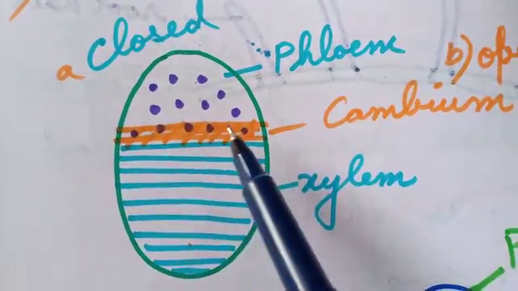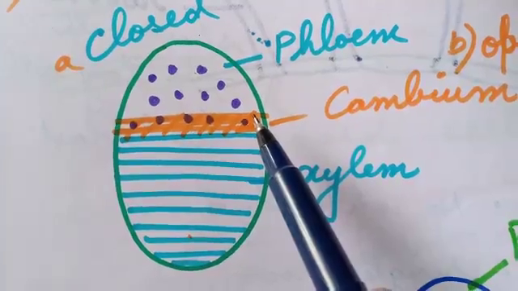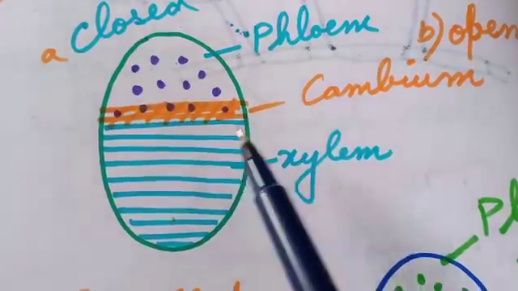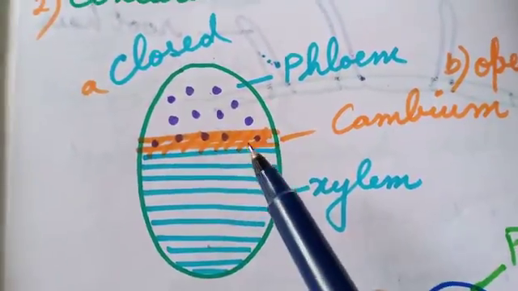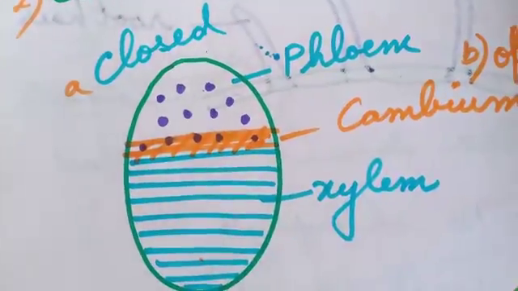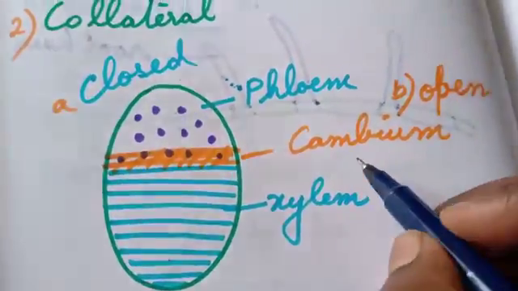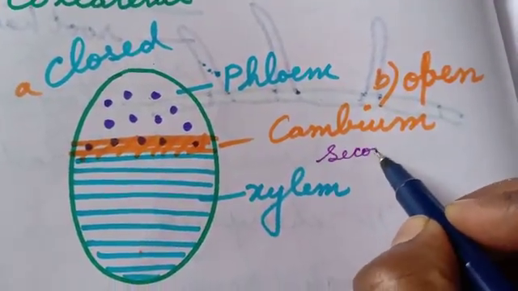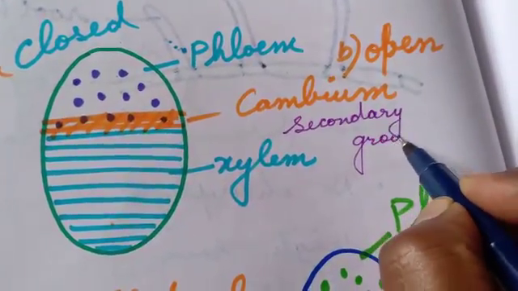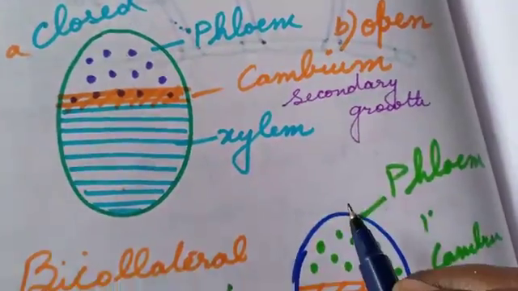This is what we learned in the last class. In this class, what is the activity of this cambium? This cambium helps in secondary growth. This growth is taken by the cambium.